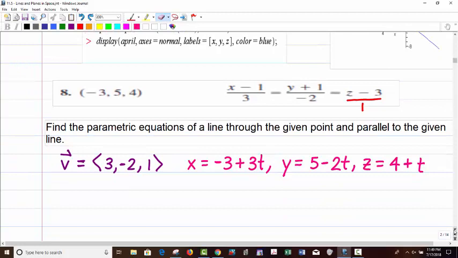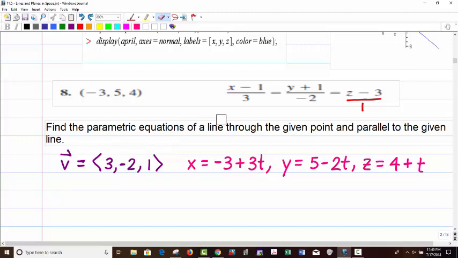All right, now we're trying to find the parametric equations. Here we've got a point, and we have them in symmetric form. Anytime you see something like this, you have to make it a fraction to get your A, B, and C off the bottom. So I have to put that over 1, even though they didn't write it that way, because that's going to be your component for the direction vector. Those denominator values are your direction vector, 3, negative 2, and 1, right there.